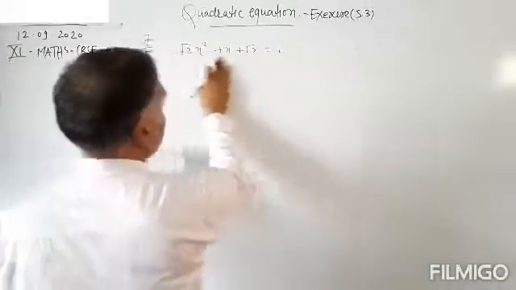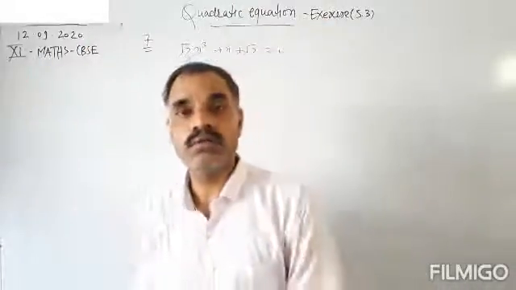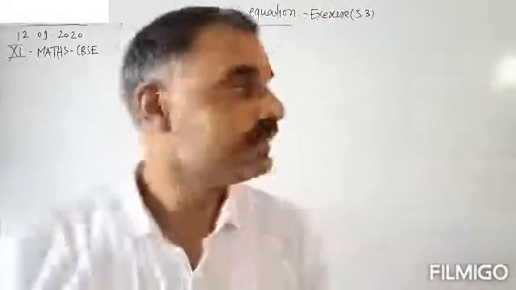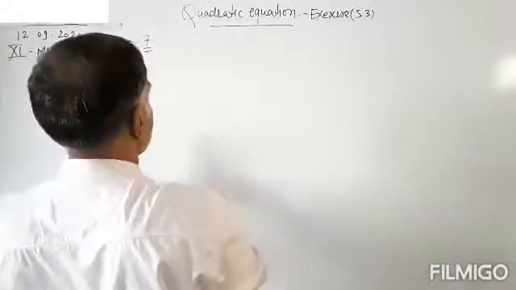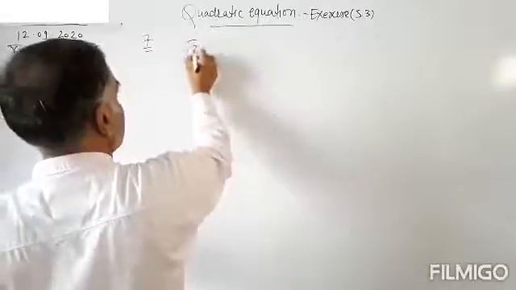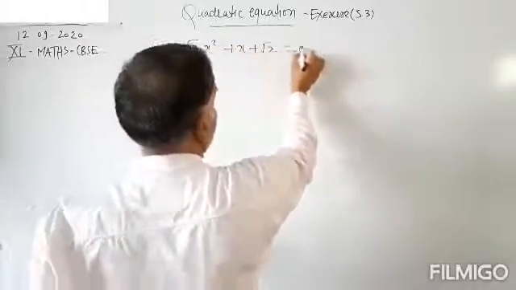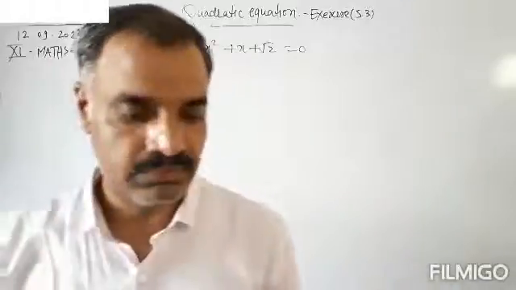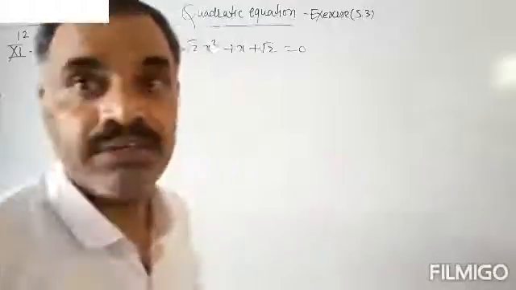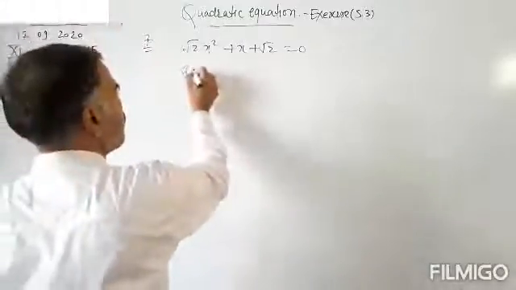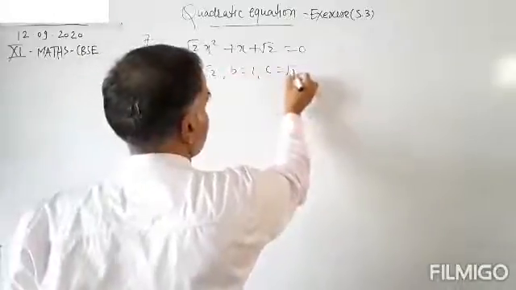This is the quadratic equation. Now it is visible. Okay, so let us have the values of a, b, c. a equals under root 2, b equals 1 and c equals under root 2.